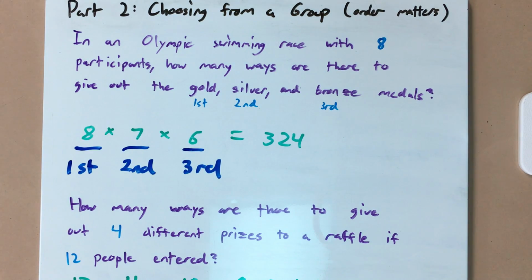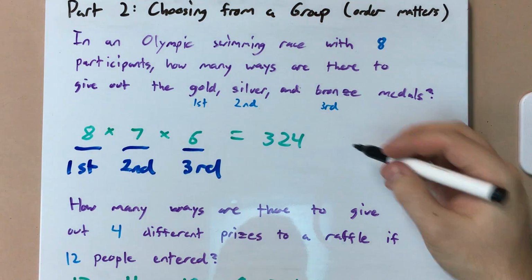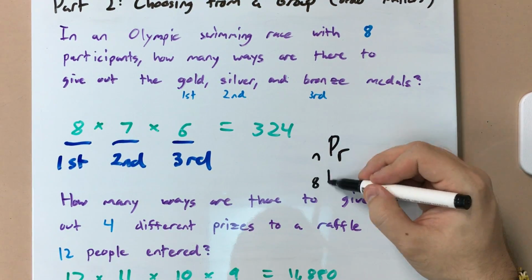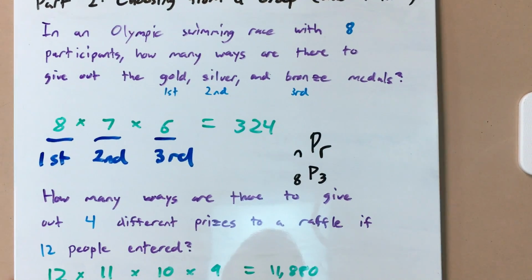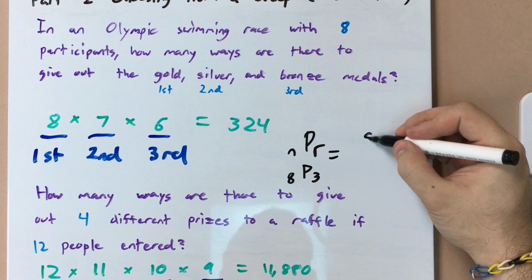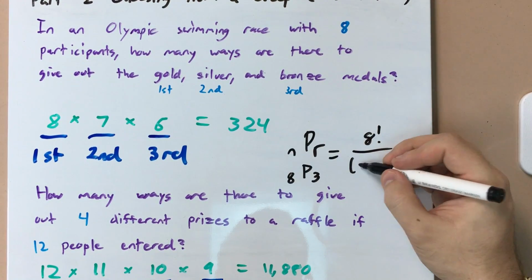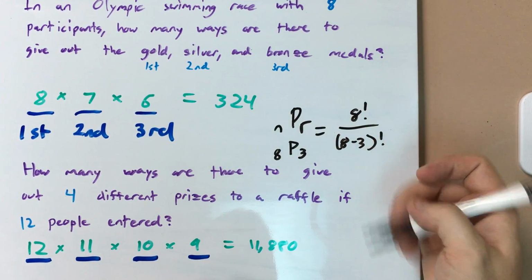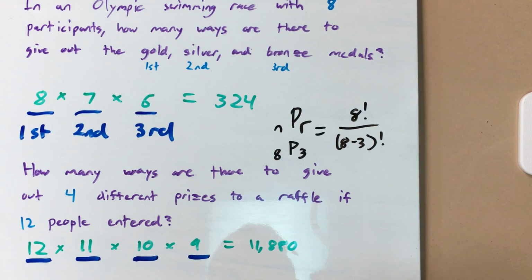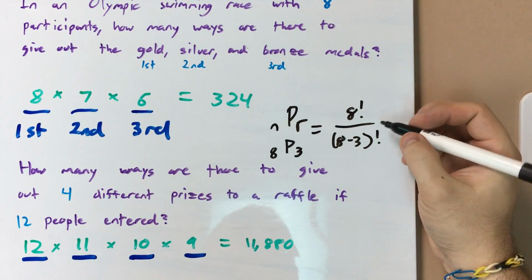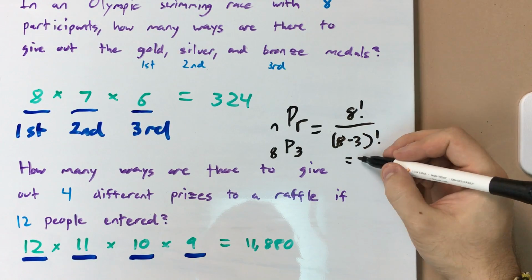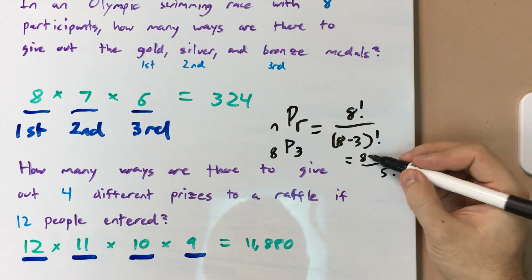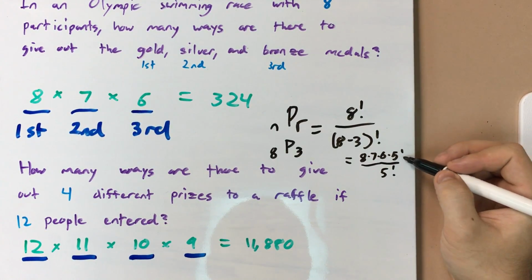So using the framework of that formula, nPr, also known as 8 pick 3, I start with my 8 factorial, I divide it by 8 minus 3 factorial, and this is actually going to allow me to see what exactly is happening. 8 minus 3 is 5, so we're dividing by 5 factorial.